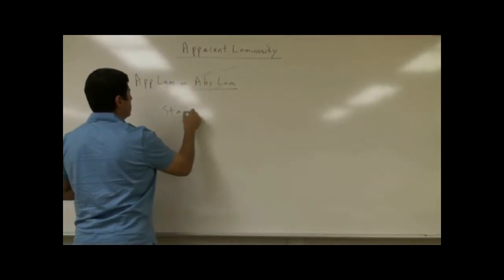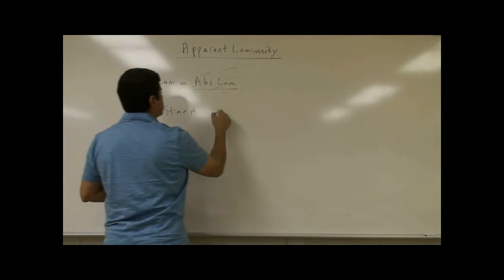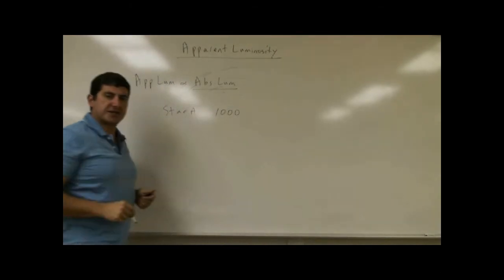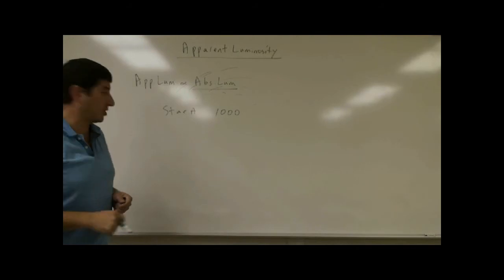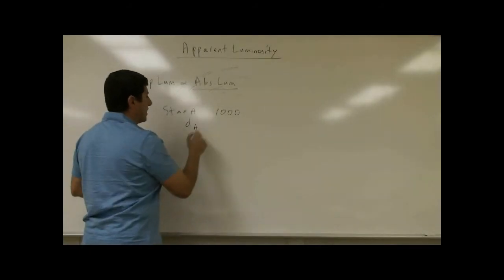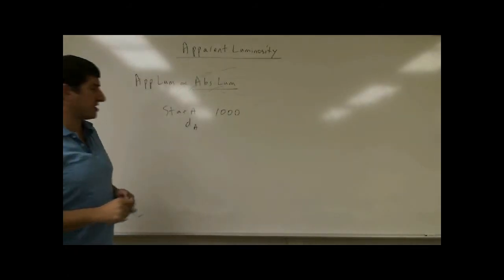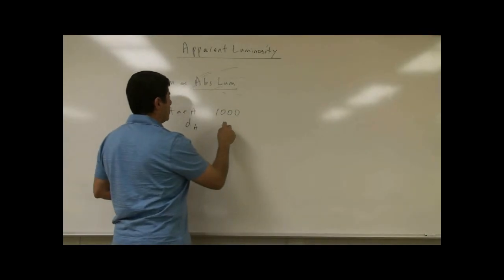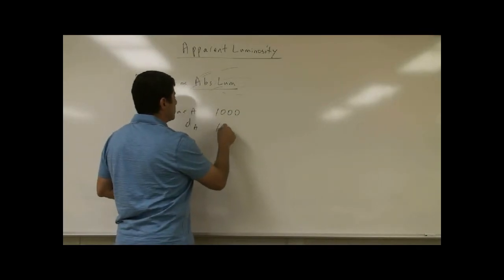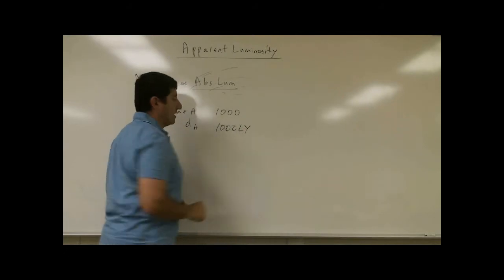Star A, let's say star A is 1,000 times brighter than our sun. So it's really, really a bright star. But the distance of star A from us is, let's say, 1,000 light years away.